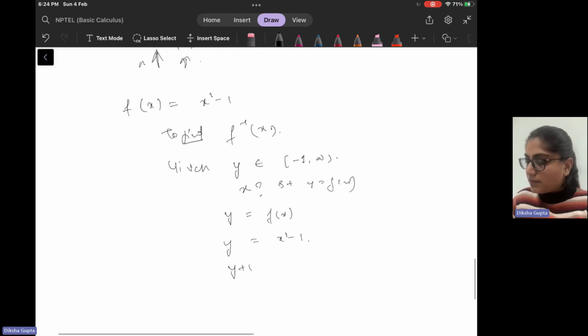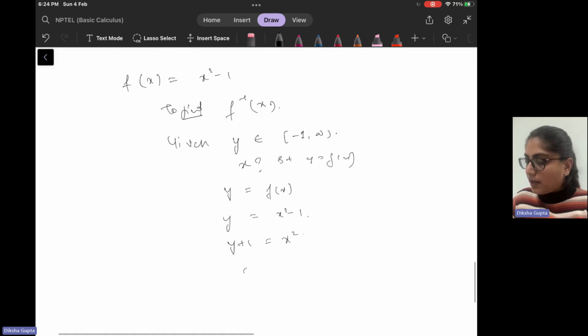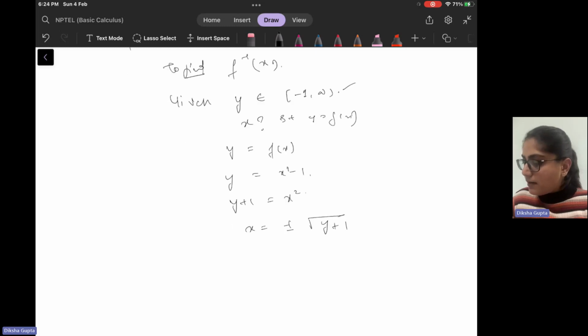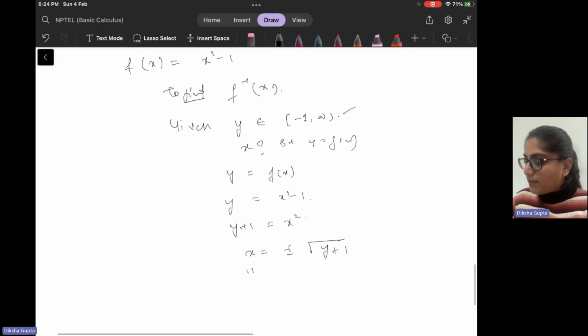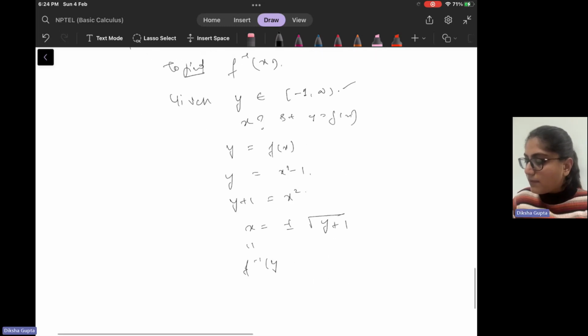So y plus 1 equals x square. x equals plus minus root y plus 1, and again this makes sense because y belongs to this set. So x is nothing but f inverse y. So our f inverse y is plus minus root y plus 1.